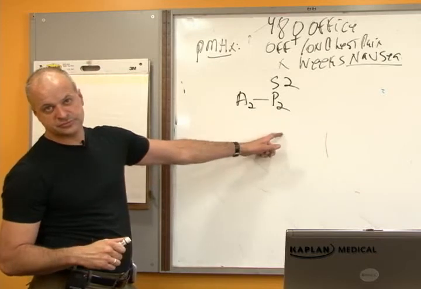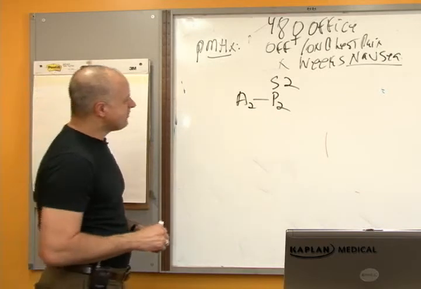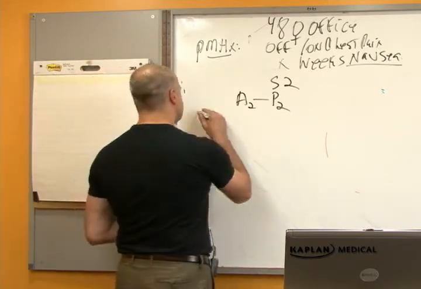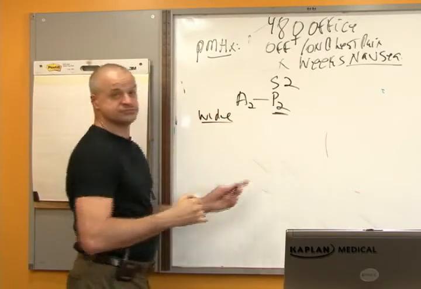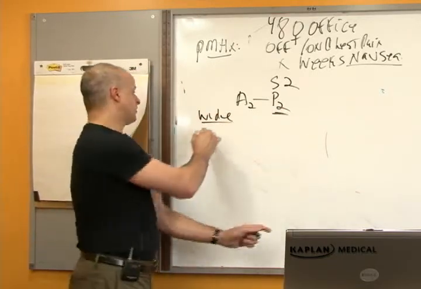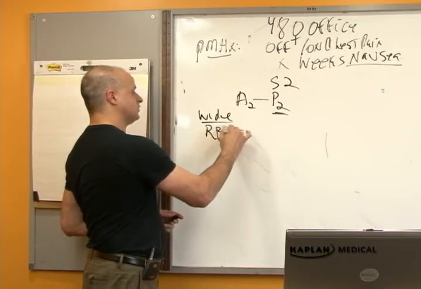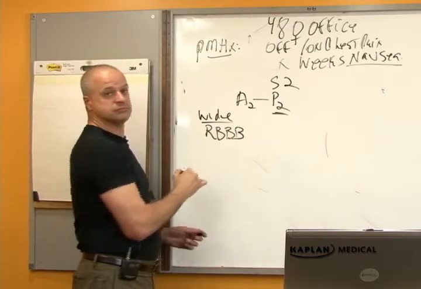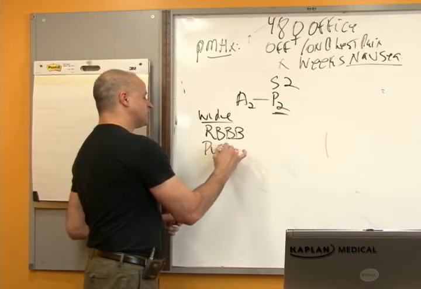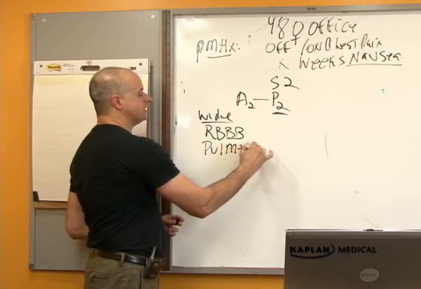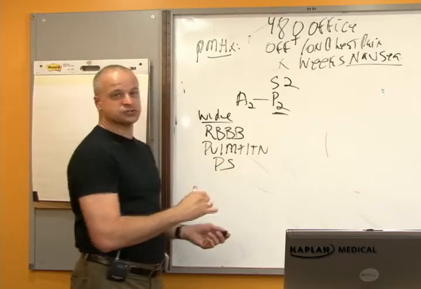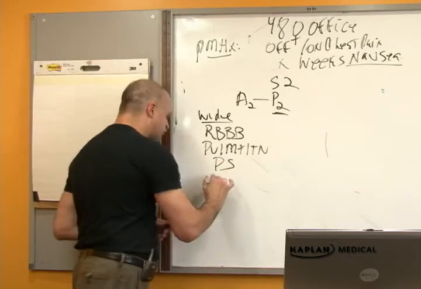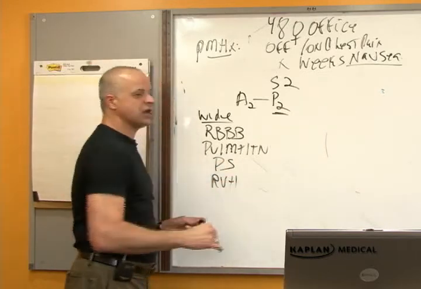If you have a delay in the closure of the pulmonic valve, it gets wide. Right bundle branch block, it gets wide. Pulmonary hypertension, it gets wide. Pulmonic stenosis, it gets wide. Right ventricular hypertrophy, it gets wide.